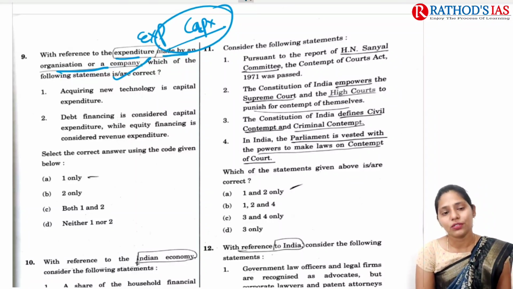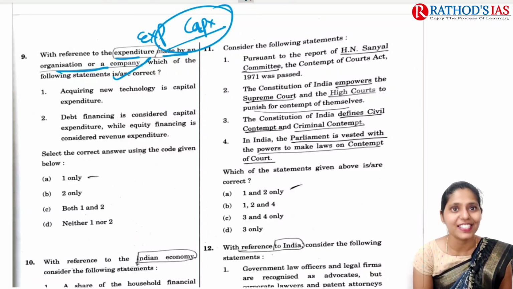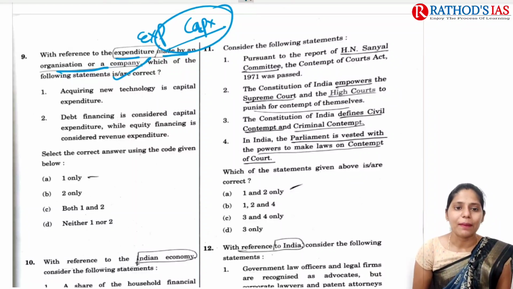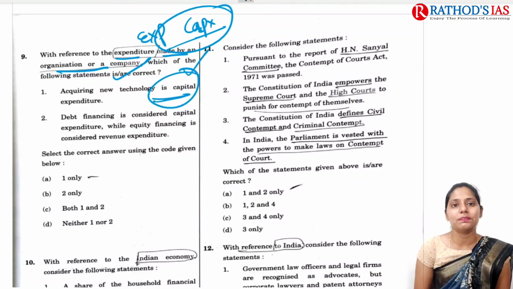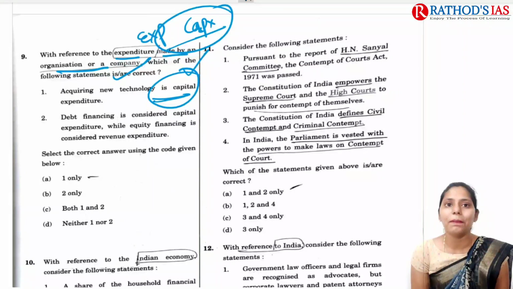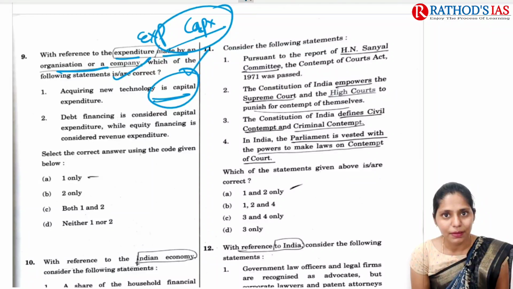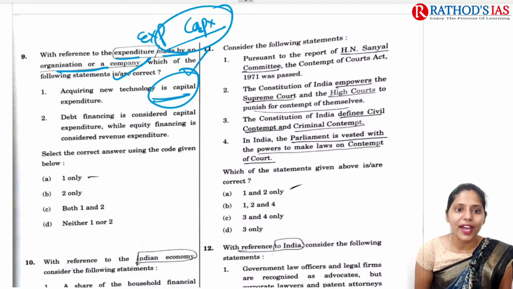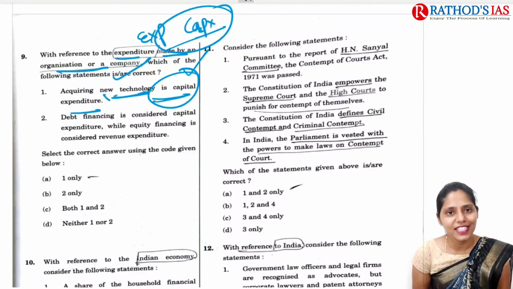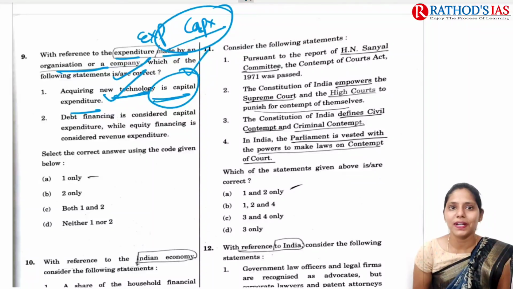If you have gone through that video, then you might be able to guess at least one statement. Capital expenditure means we are mainly spending, or any company is mainly spending, on technology or other machines, or buildings, some infrastructure, etc. So is acquiring new technology a capital expenditure? Yes, of course. So the first statement is correct.